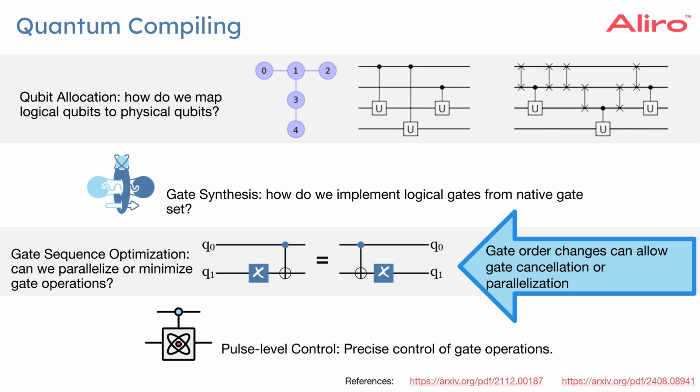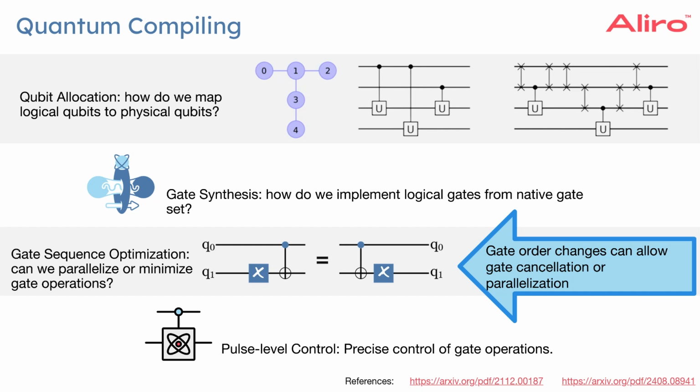Once we've performed our gate synthesis, we want to optimize the gate sequence. For example, in this simple circuit in the middle, which shows the X gate and C-NOT gate, we can swap the order of the two gates, and thereby after this swapping, there may be some opportunities to cancel the X gate with sequences that are subsequent in the computation.